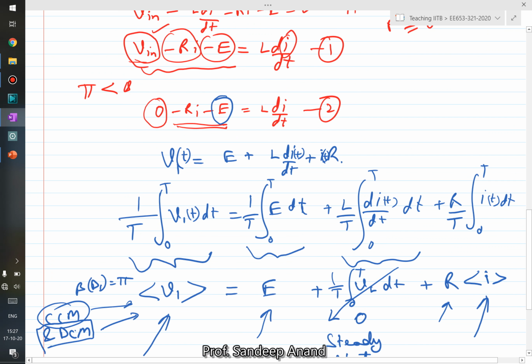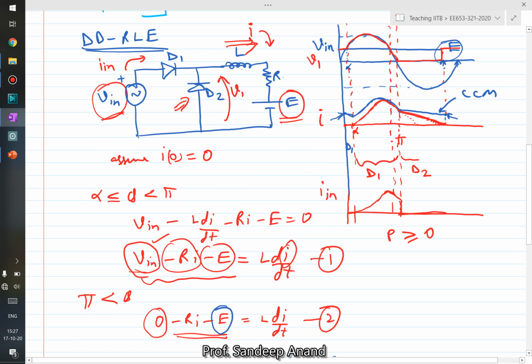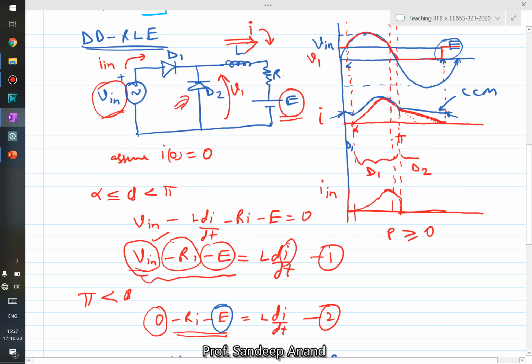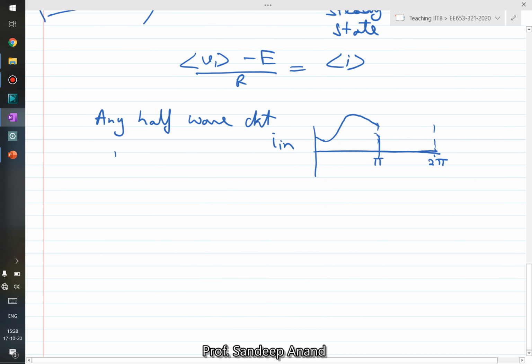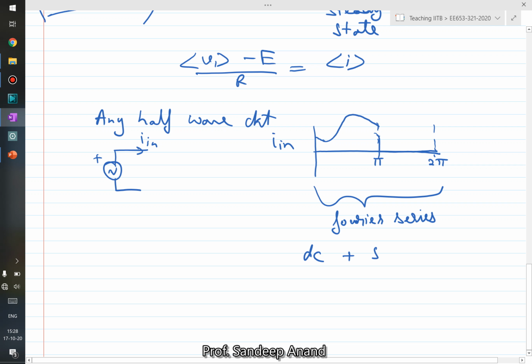What is input current? Let me quickly show you. Yeah, this is the input current which is coming from the input source. So essentially the thing that you draw as an AC source, it's giving you this kind of current. If you do a Fourier series expansion of that, what you see is that you have a DC component plus you also have a 50 Hertz component, assuming your power cycle is 50 Hertz, and you may also have higher frequency components.